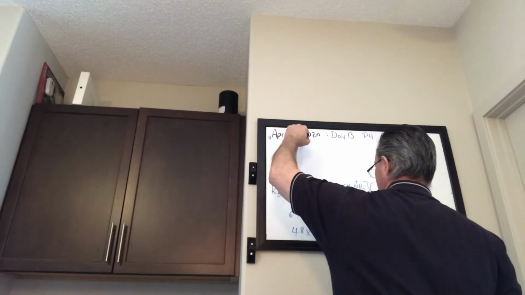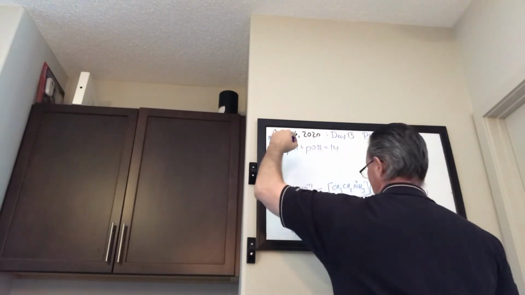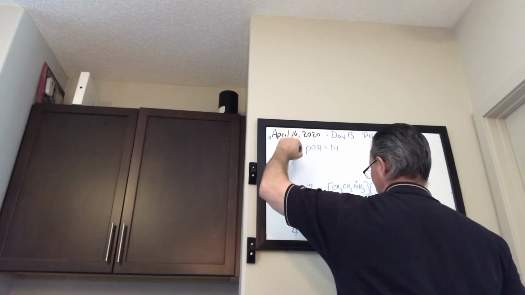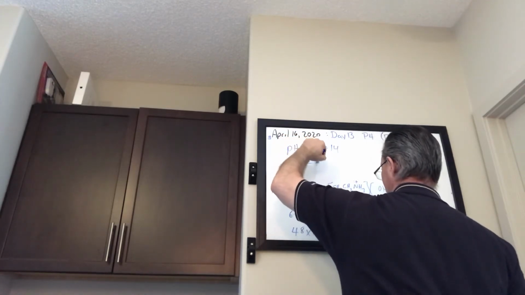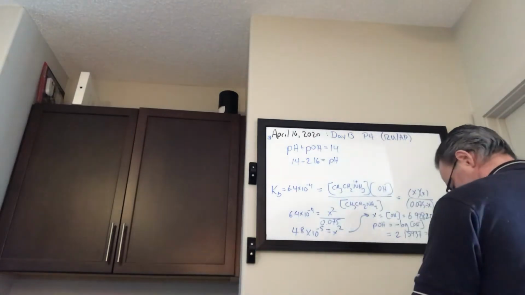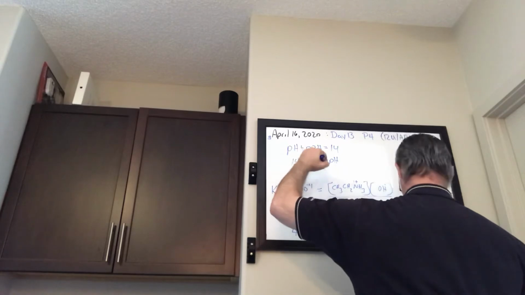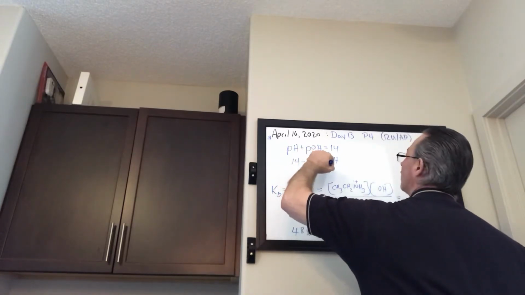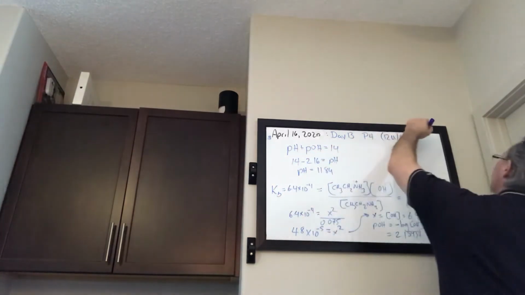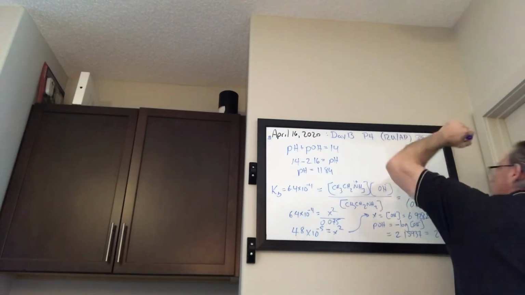So pH plus pOH equals 14. pOH is 2.16, so 14 minus 2.16 is going to give you the pH. I just left the number in my calculator, so what you get is pH equals 11.84. Okay, let's write that up here. pH equals 11.84. Now, that was with the approximation method.